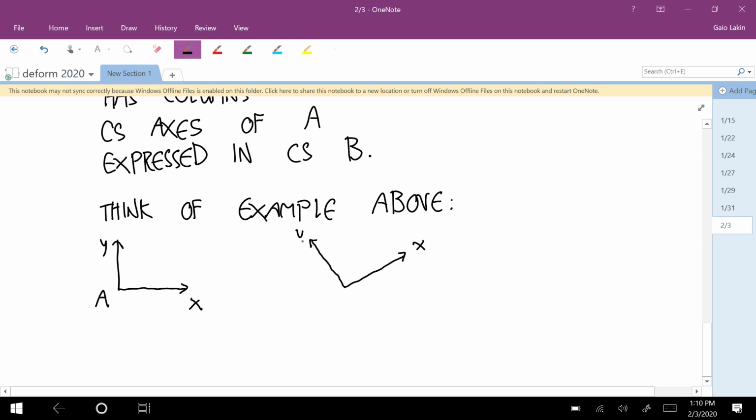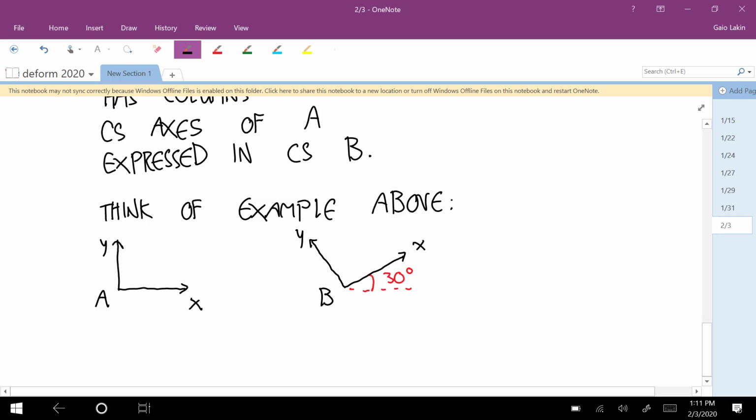And Z is still coming out, so Z isn't going to change. So this is B. So what we want, since we start out with a vector that's expressed in this coordinate system, and we want a vector expressed in this coordinate system, or that's what I did in the example. So we want the axes of this coordinate system expressed in this coordinate system, and that'll give us the columns.